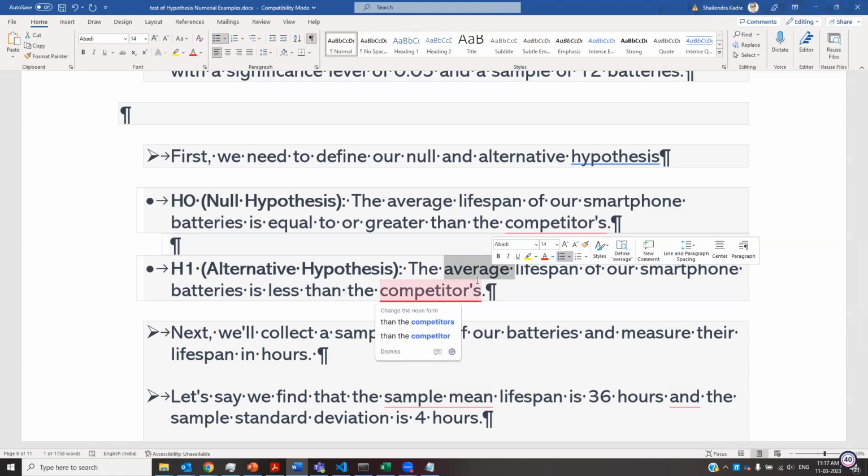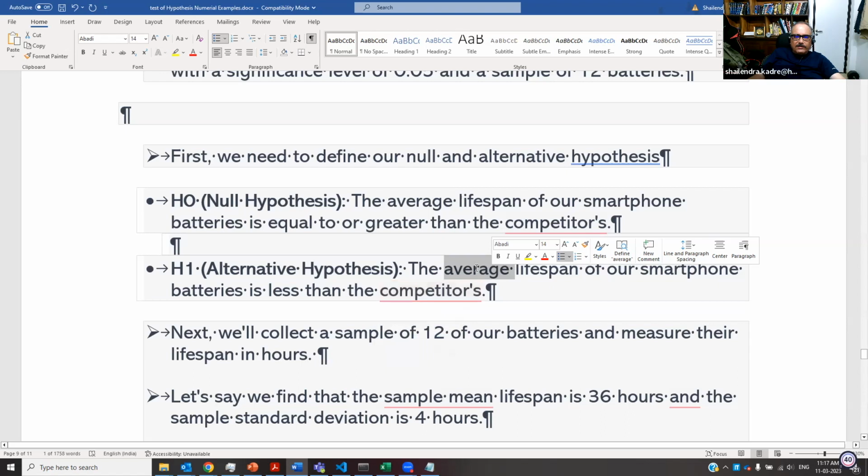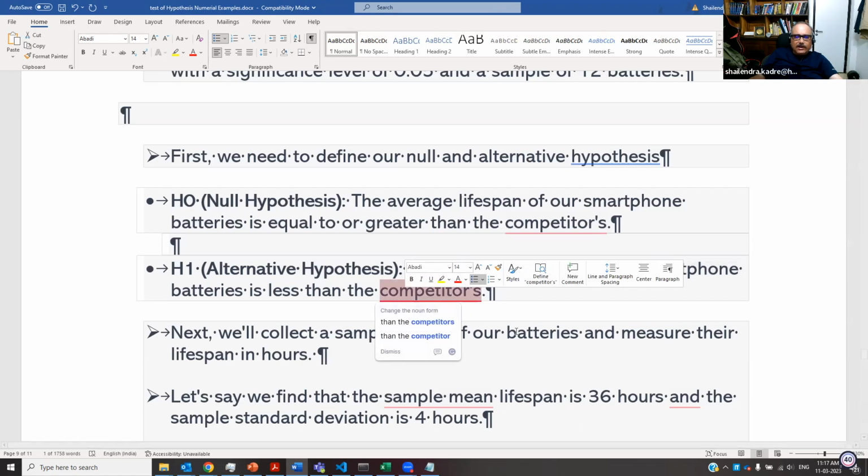If a less than sign is there in the alternate hypothesis, this is a left tail test. If a greater than sign is there in the alternate hypothesis, it is a right tail test. So this time our alternate hypothesis is that the average lifespan of our smartphone battery is less than the competitor's. So it is a left tail test.